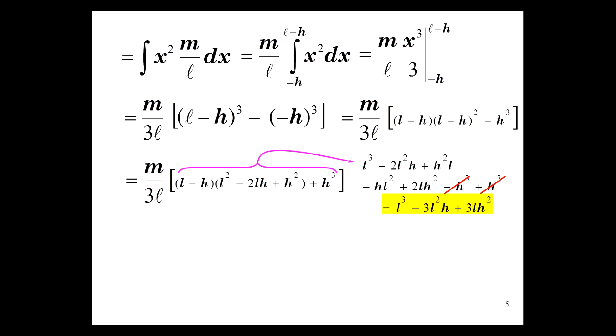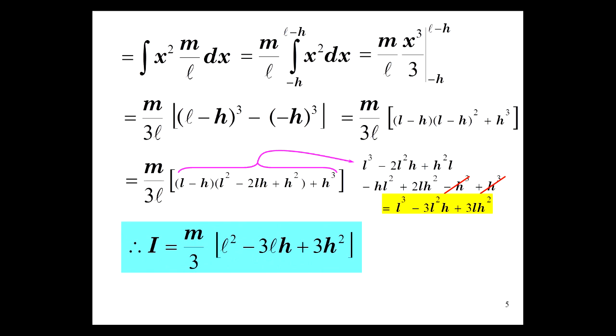Now we can cancel out one of those L's with this L, so that'll simplify it a little bit. And we have that the moment of inertia is M over 3 times the quantity L squared minus 3Lh plus 3h squared. So that's the general formula, the way we set this up, for the moment of inertia of a uniform density thin rod of length L, mass M, rotating about a point a distance h from one end.